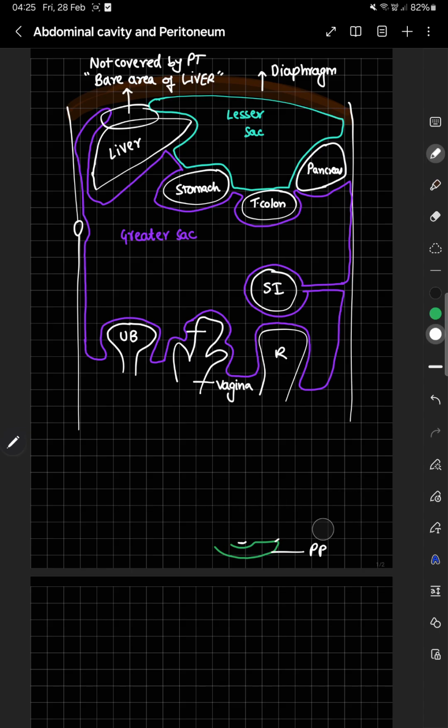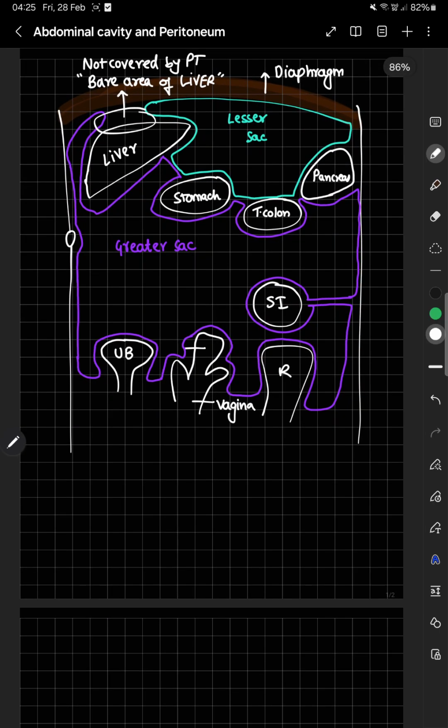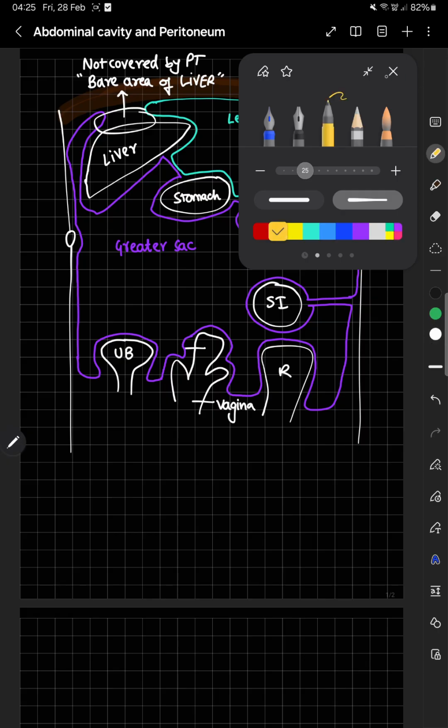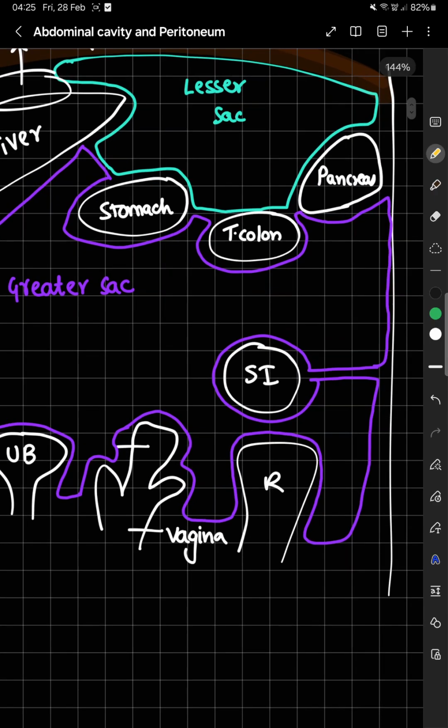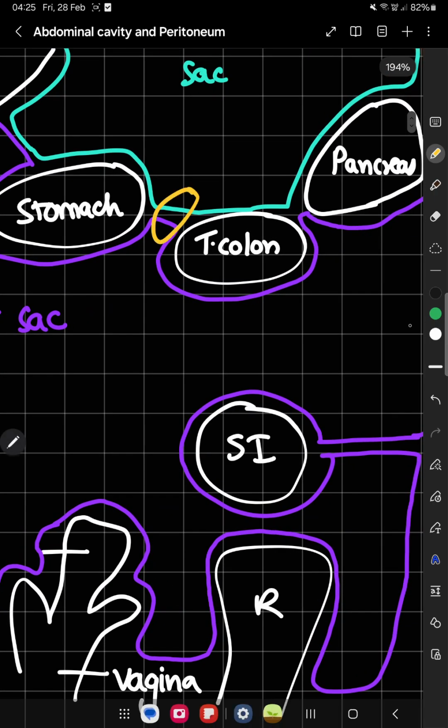We have the greater sac, we have the lesser sac and all of that. Now what we'll be doing is knowing the other important things that are present over here. Names are given for each and everything. First we have this folding between the stomach and transverse colon. Actually, it doesn't occur this way.